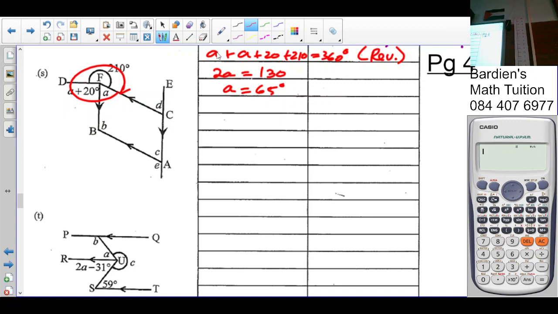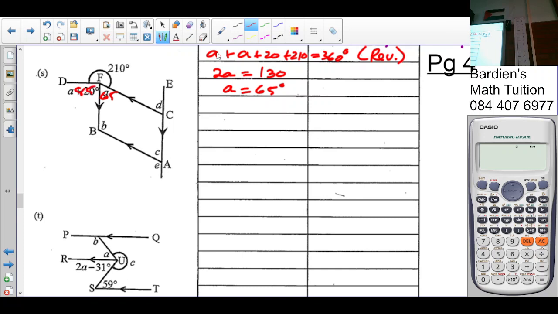We know that this angle here is 65 plus 20, so this is 65 degrees and this is of course 85, if needed.